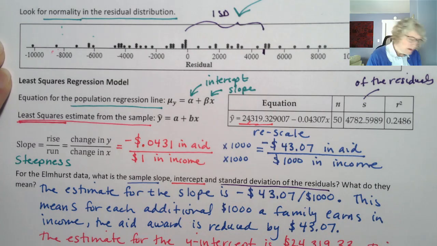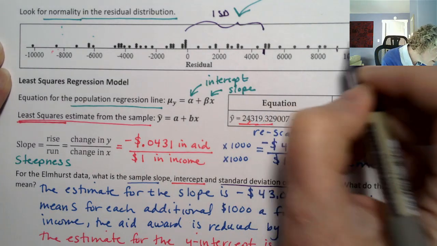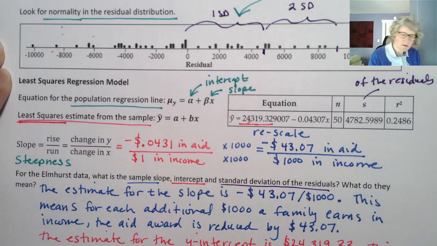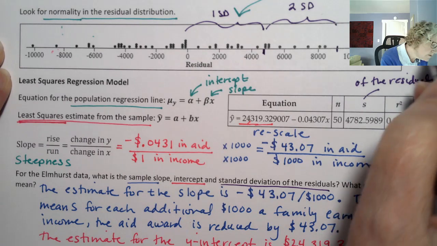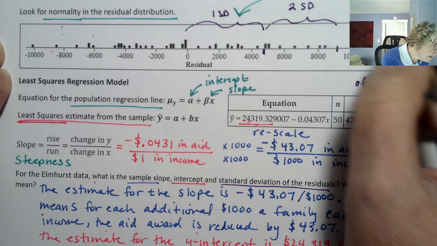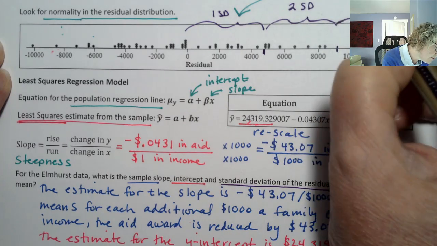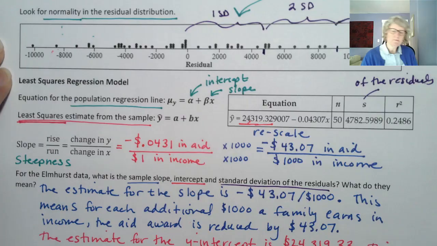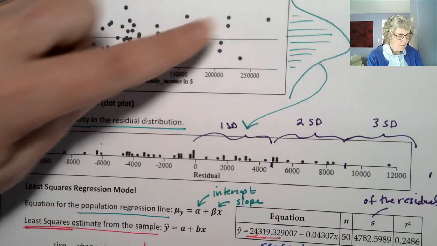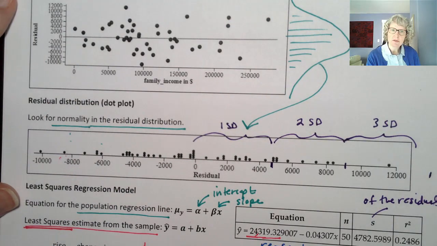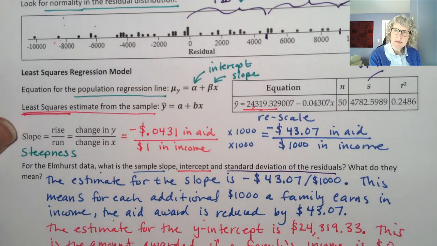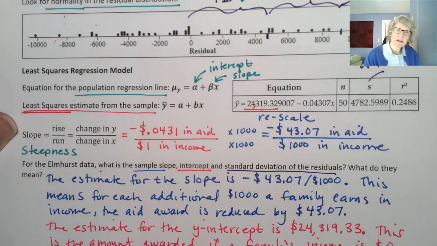A little less than 10,000 would be 2 standard deviations. And a little less than 15,000, so it doesn't go past 3, which is great, is 3 standard deviations. This helps give context as we look to see if the residuals follow a normal distribution. So that's what that S, that standard deviation, means.